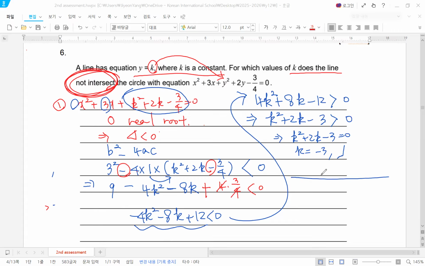I told you that if the quadratic inequality is bigger than 0, then it is the outer part or inside part? Outside. Therefore, the range of k is k less than -3 or k bigger than 1.